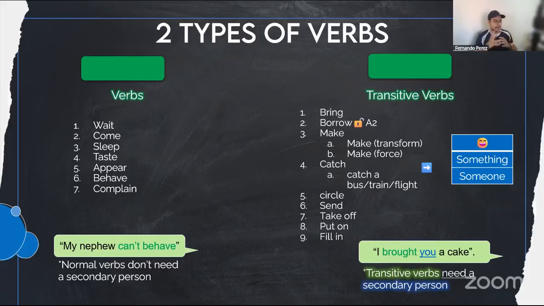For example, Janice, in the morning, how do you get to work? I catch the subway in the morning. When I come back, I catch a ride.